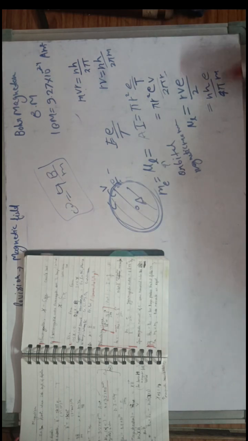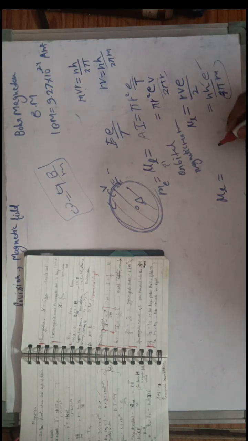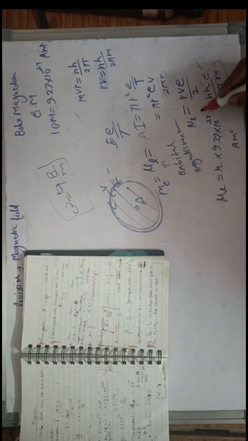Then this is a constant value, this is a constant value, this is also a constant value for the electron. So for an electron, if we calculate this constant value, it comes out to be 9.27 into 10 to the power minus 24, and the unit is ampere meter square.